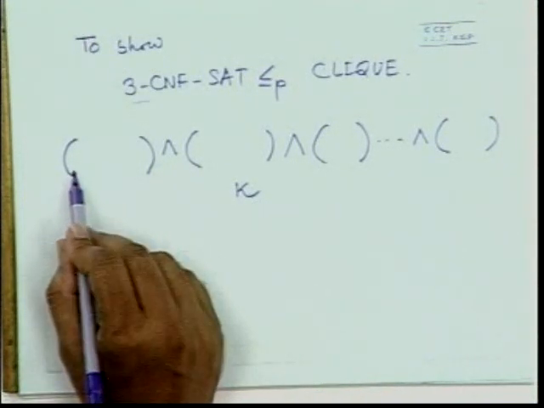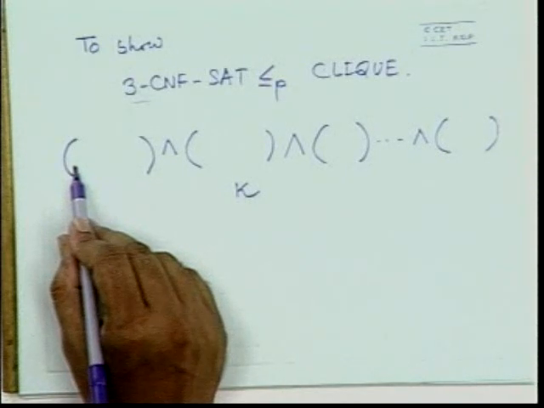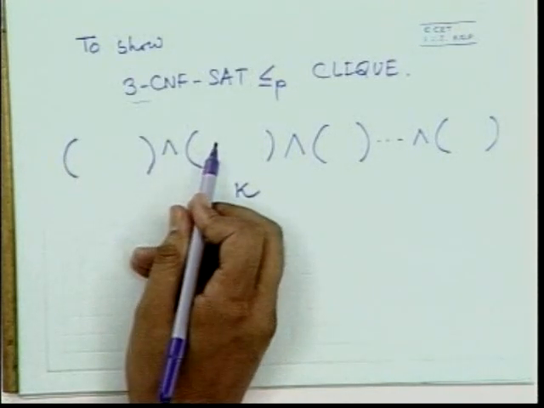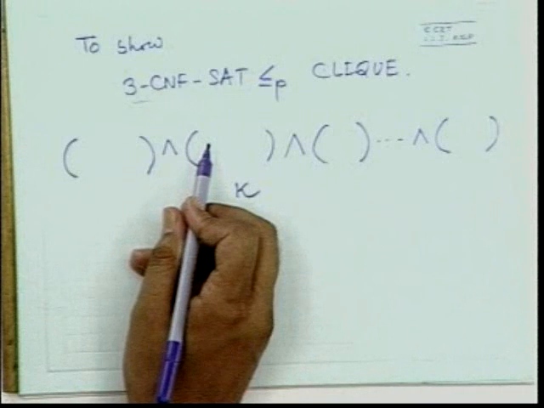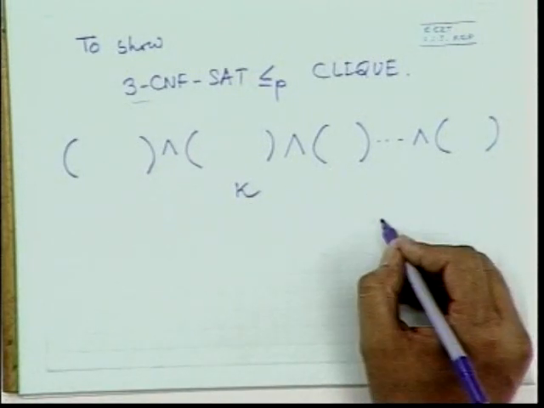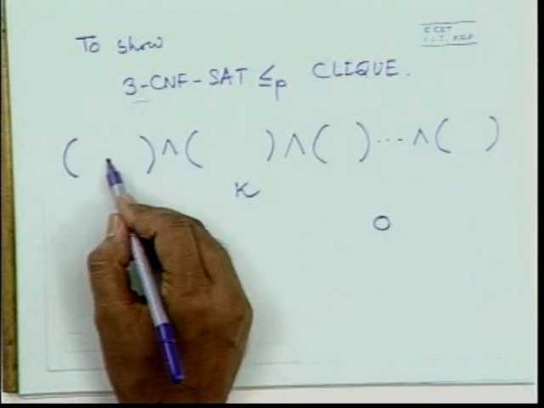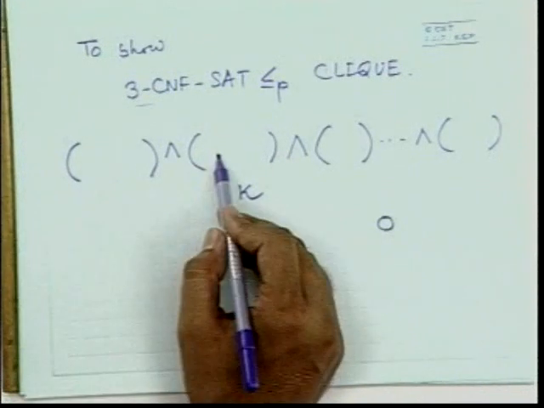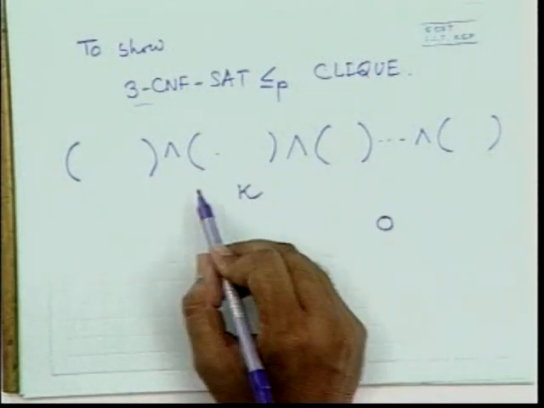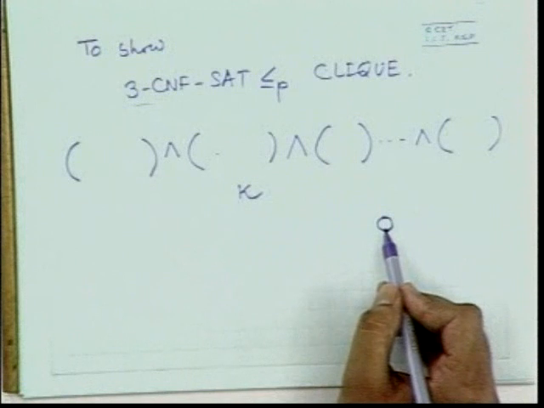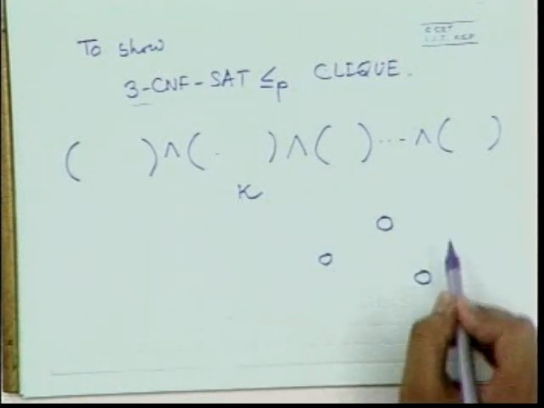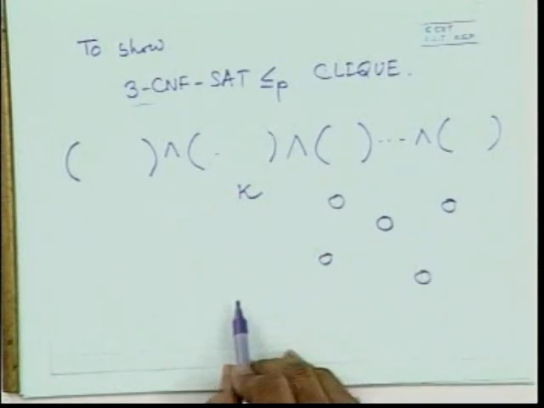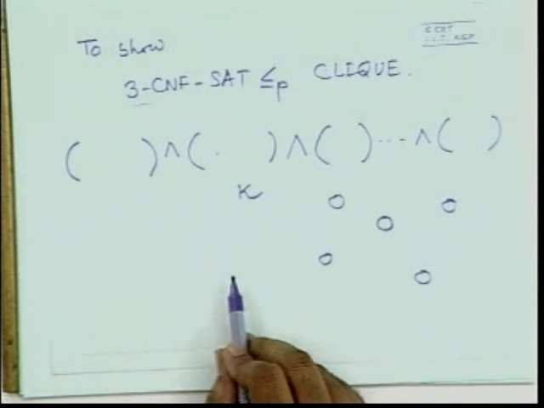So let us see, for each literal we construct a node, like say x1. x1 can appear here, appear here, but x1 has only one node in the graph. So each node represents one literal in the graph. Now how do we connect two nodes?